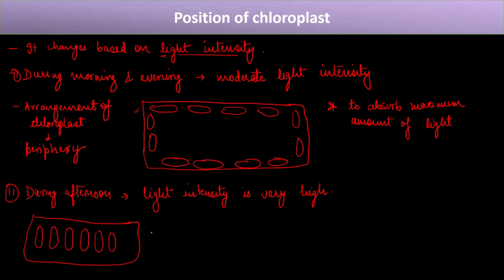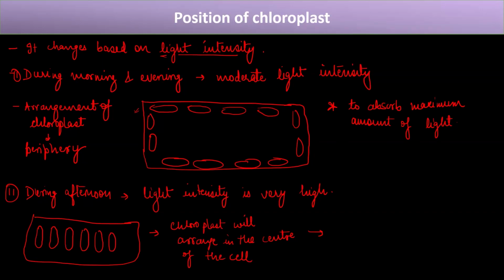So when the light intensity is very high, the chloroplasts will arrange in the center of the cell. And why is it so? Because when the light intensity is very high, there will be high chances of photooxidation. Now, what is photooxidation?